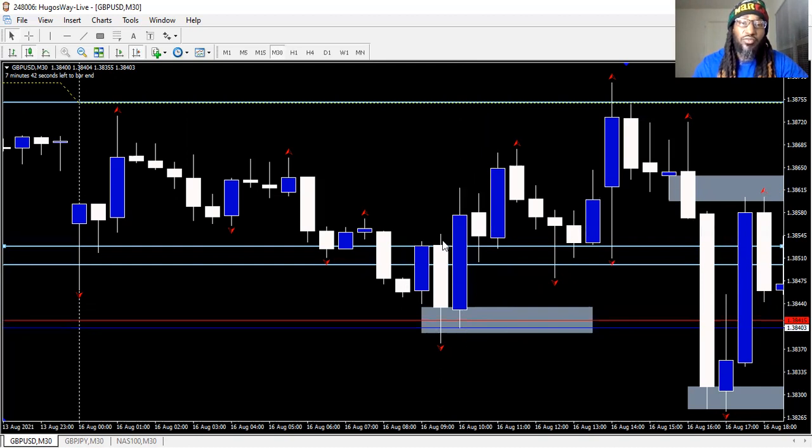But like I said, if you wanted to wait until it breaks this neckline of the W, and here it is right here, you got a break through and a retest. And where did it retest? It retested our neckline and it retested that 38.50, the 850 level, that institutional level, guys.